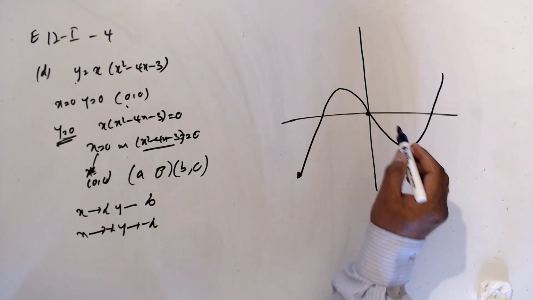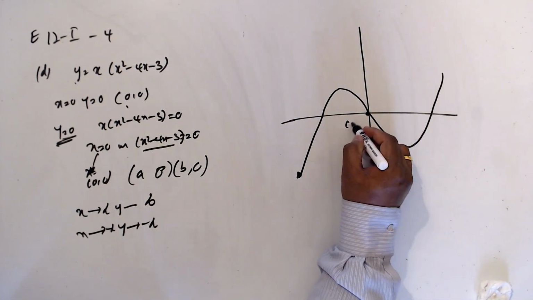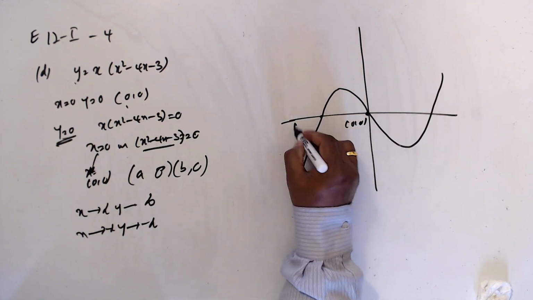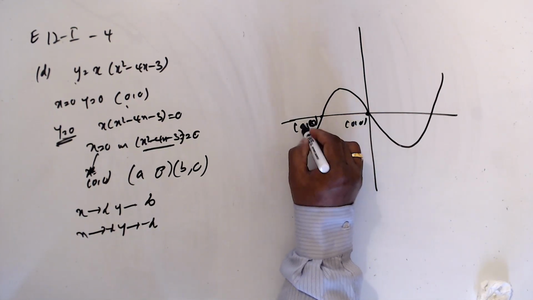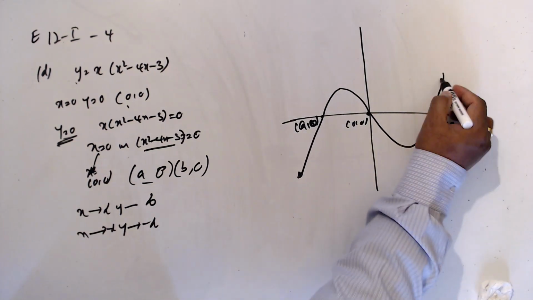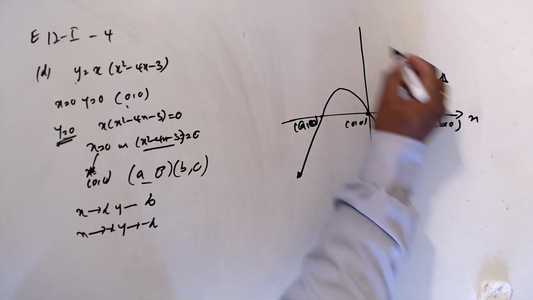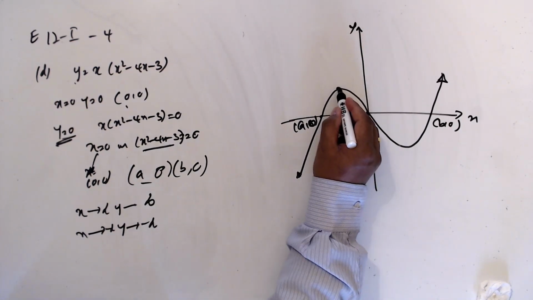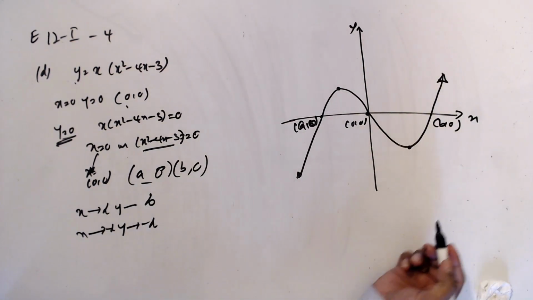So we know one point. This is (0, 0), this is (a, 0), and this is (b, 0). Now we want to find the minimum and maximum.